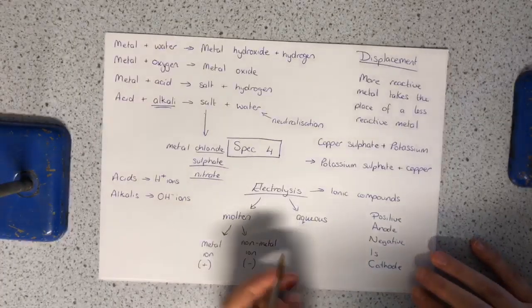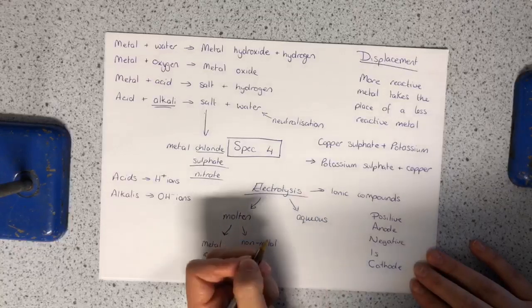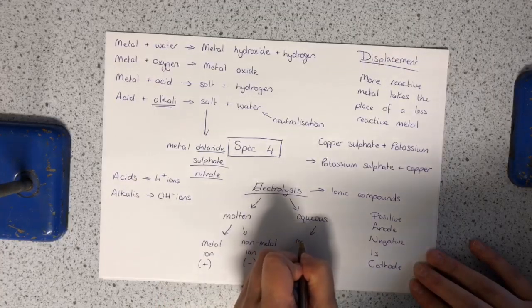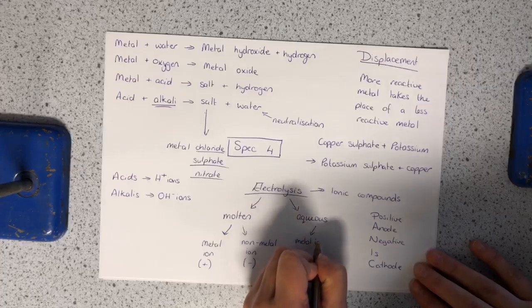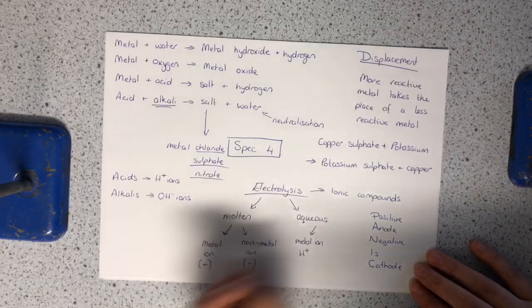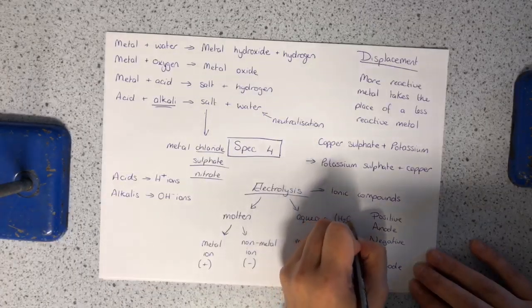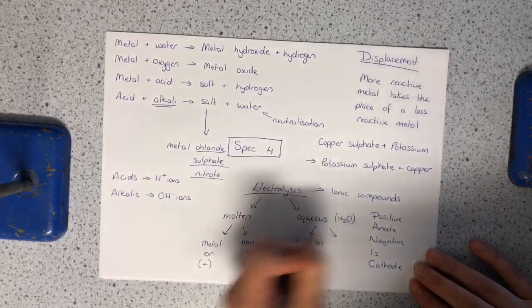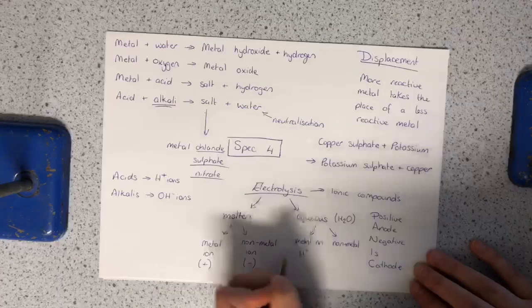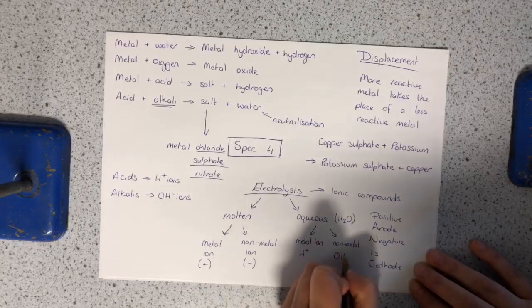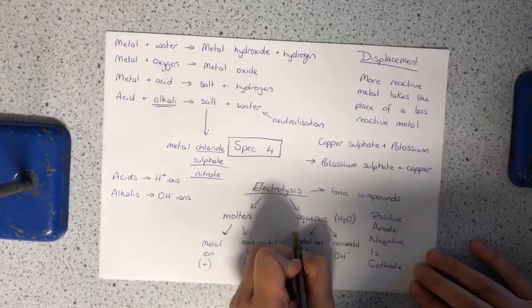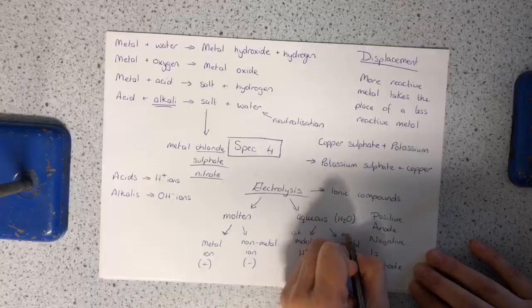When it comes to aqueous, because you've also got water present, you'll not only have the metal ion, you'll also have the H plus ions that are contained in water, because if you remember, water is H2O. You'll get the non-metal ion, which is negative, and also OH minus. Okay. So here I'll just put this as the cathode, and this is the anode.